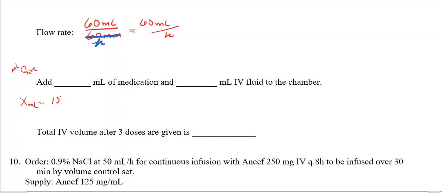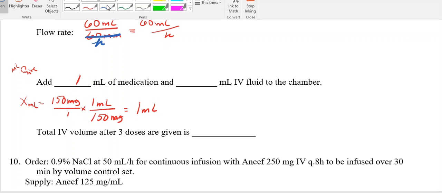So 150 milligrams times 1 milliliter per 150 milligrams, the milligrams cancel, and it divides to 1 milliliter. So I'm giving 1 milliliter of medication.